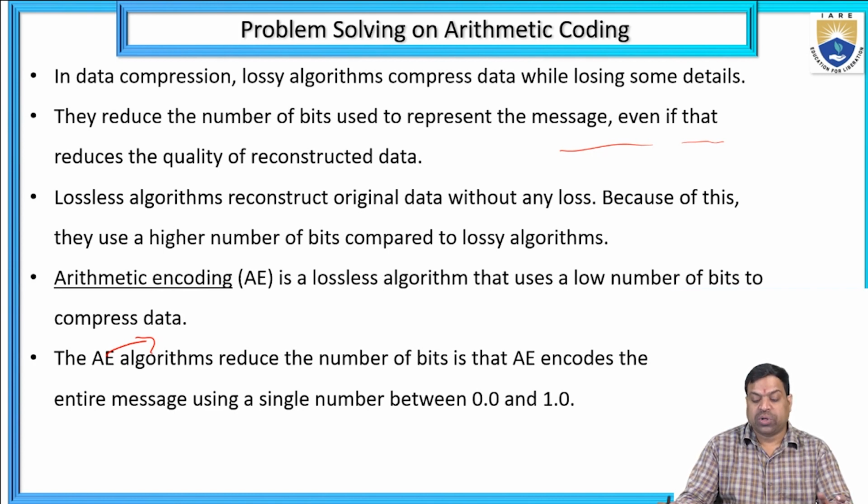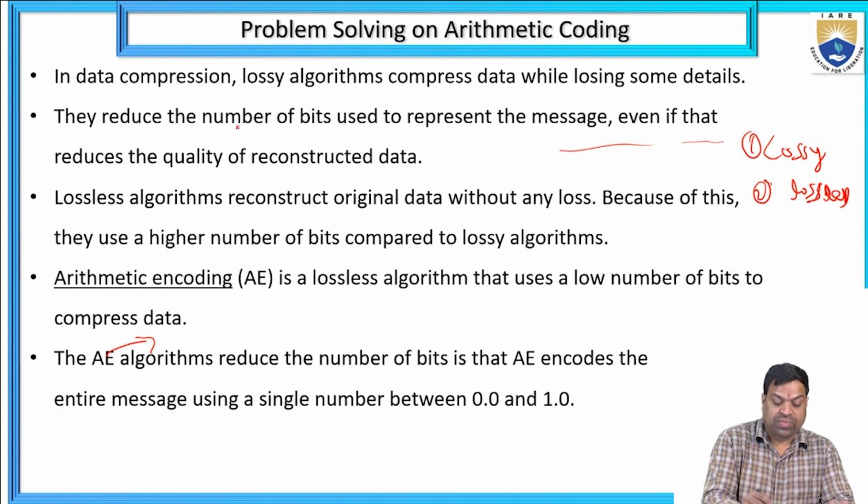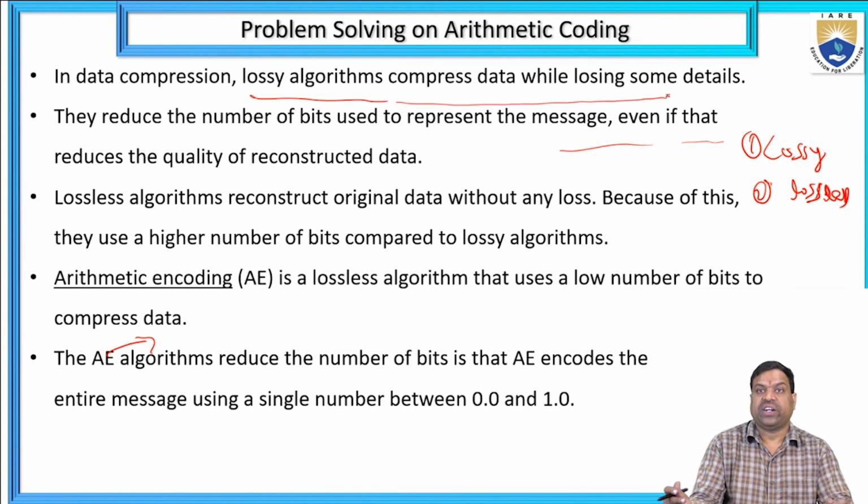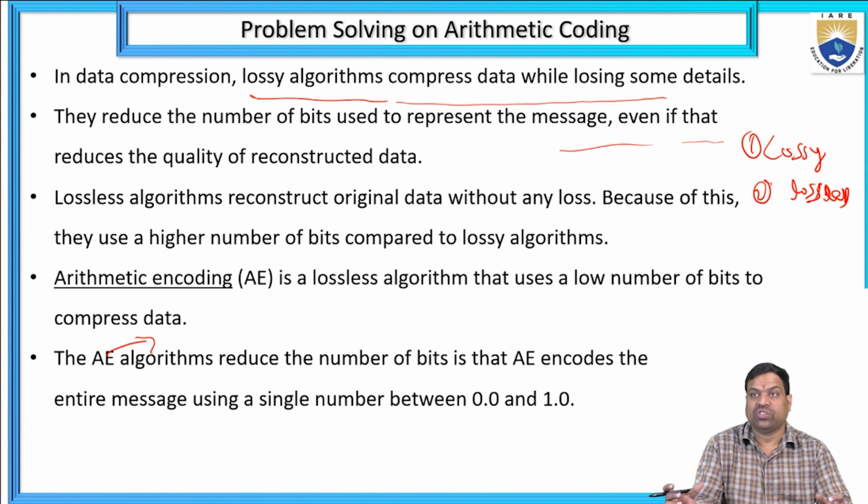So data compressions already discussed: lossy and lossless. When I go for the lossy algorithm, we are compressing the data. Lossy means compressing the data while losing some details. Some data will be missing, but we can compress easily, reducing the number of bits used to represent the message.